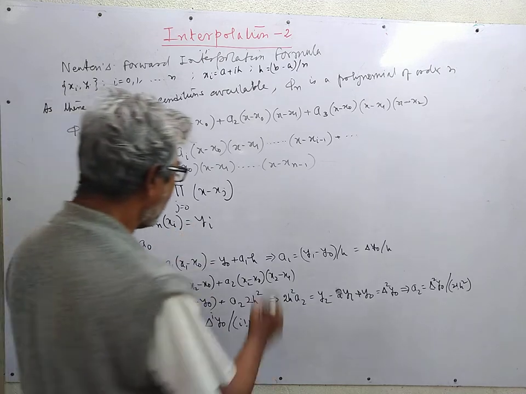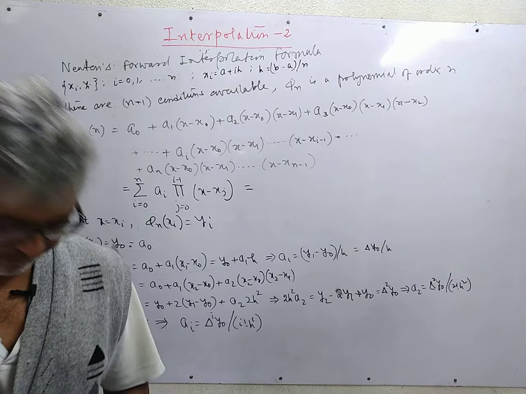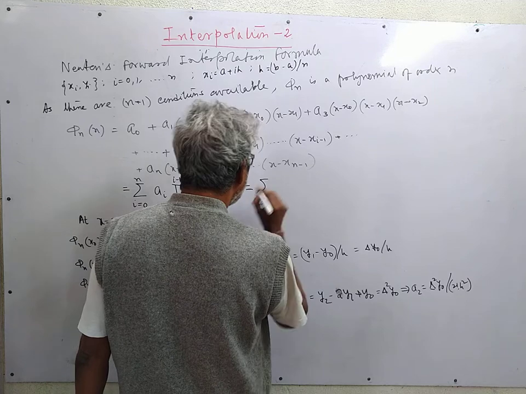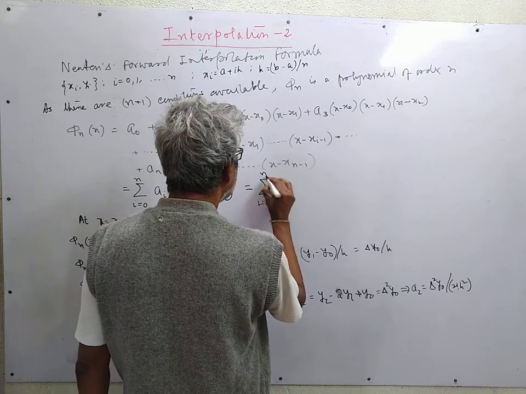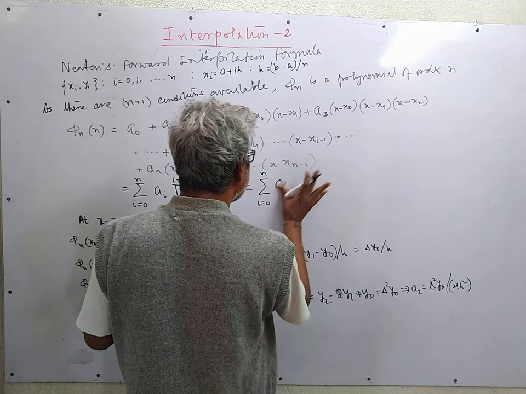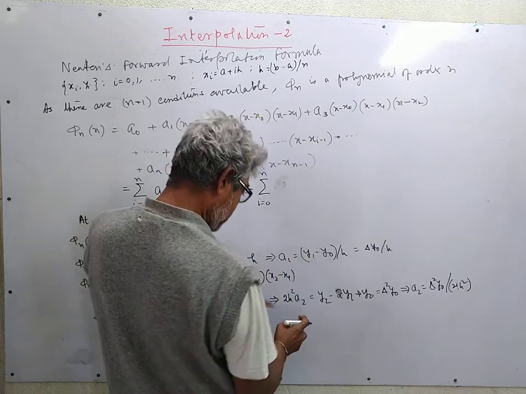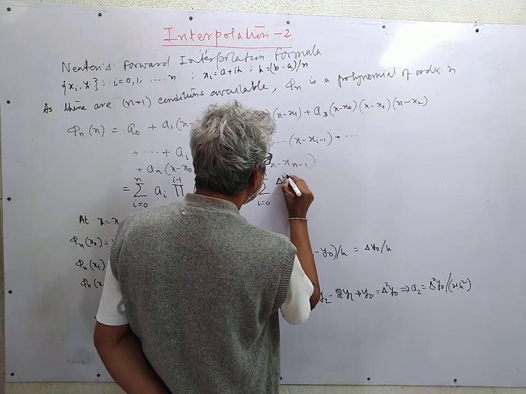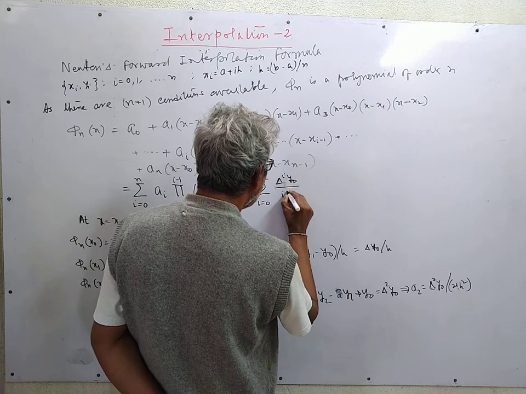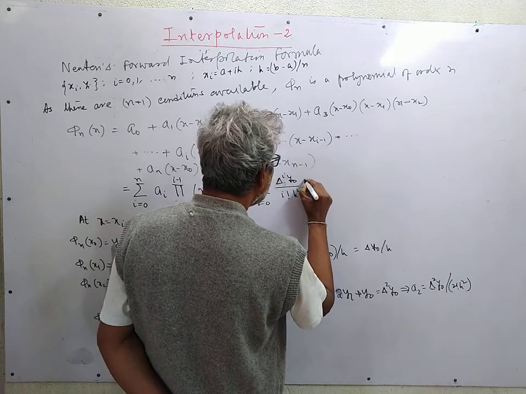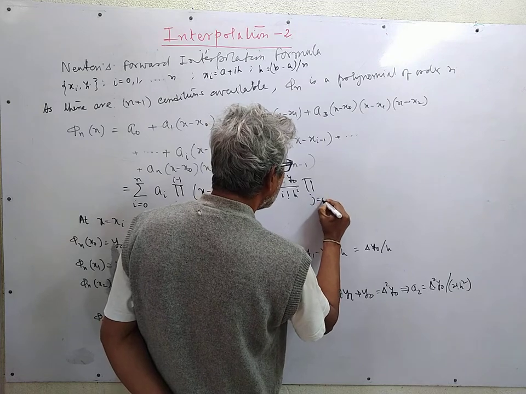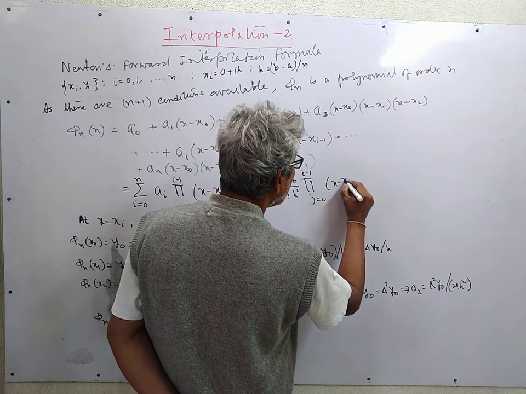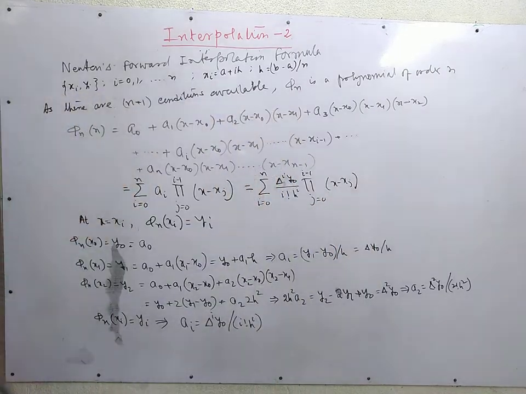So we rewrite this term for ai. This is the Newton's formula.